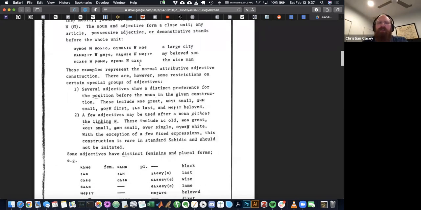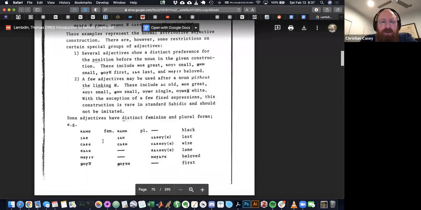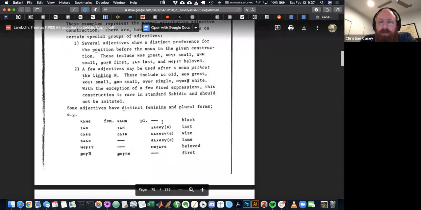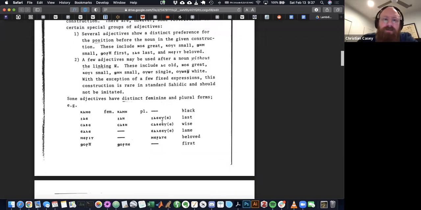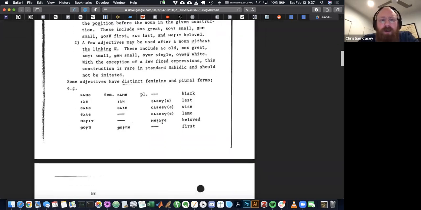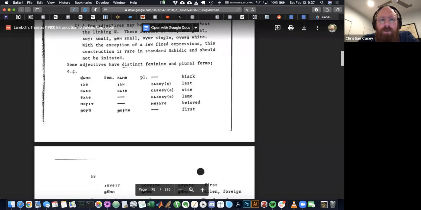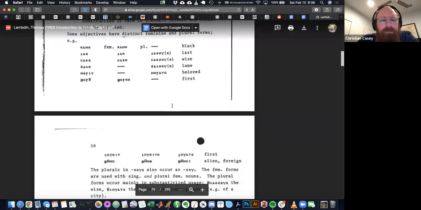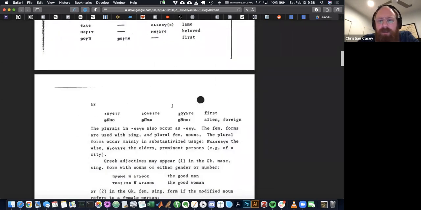They're all technically still nouns, and that's why some of the adjectives have distinct feminine and plural forms, just like some Coptic nouns have distinct feminine and plural forms. So this would be the black one masculine, the black one feminine, the last one masculine, the last one feminine, and the last ones plural, etc. They're really just still nouns.